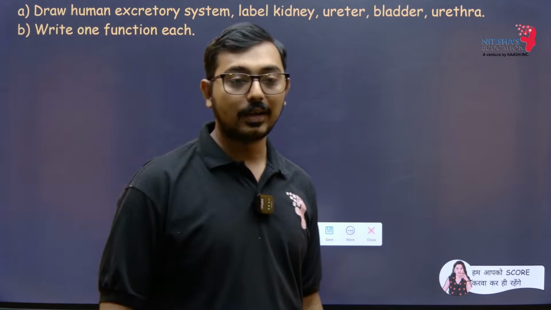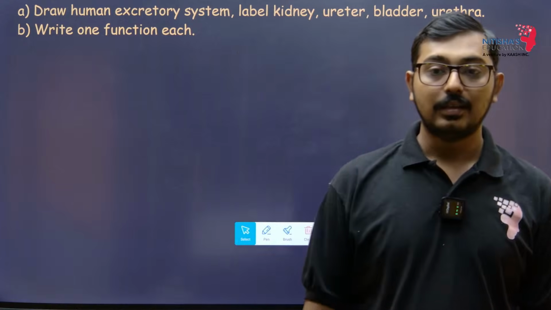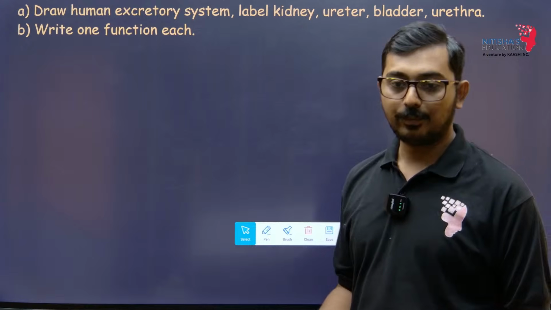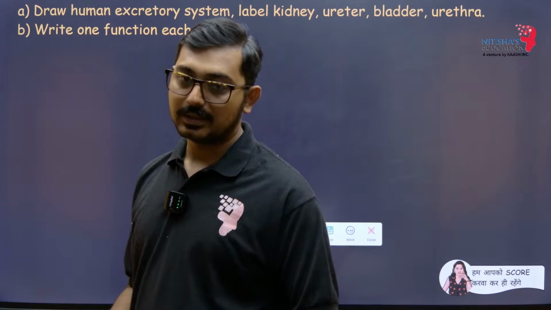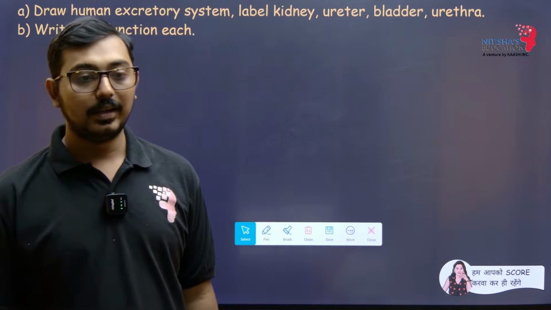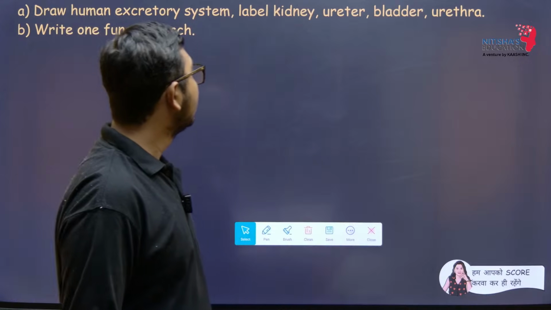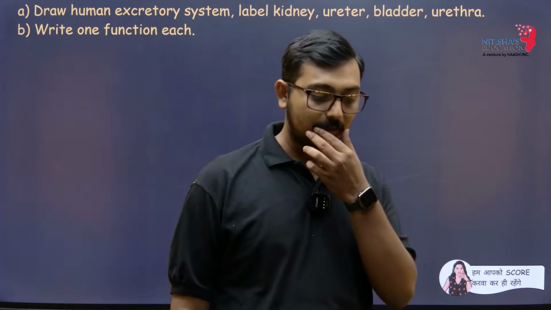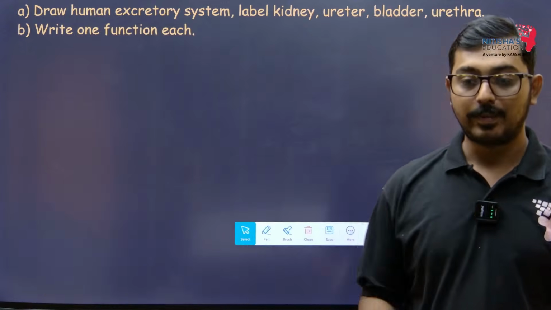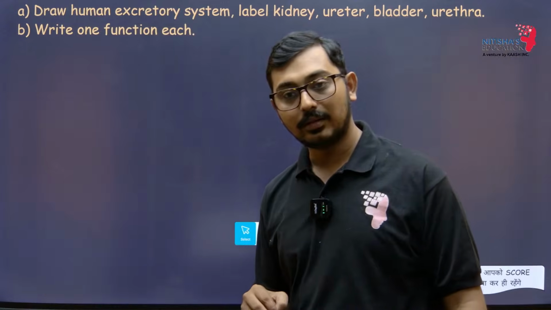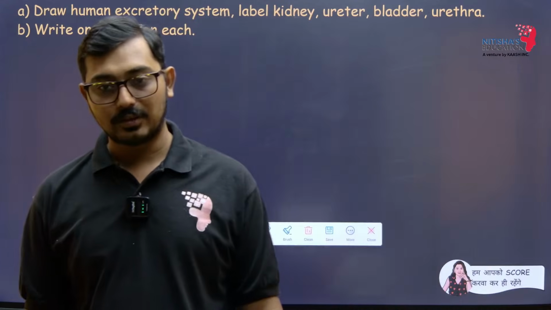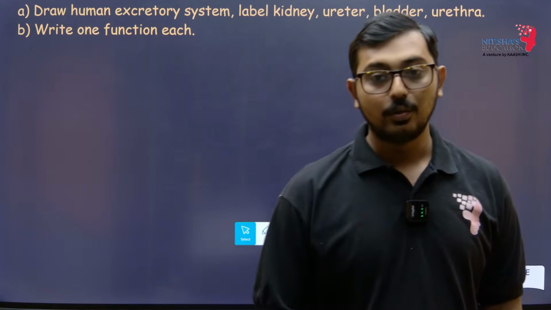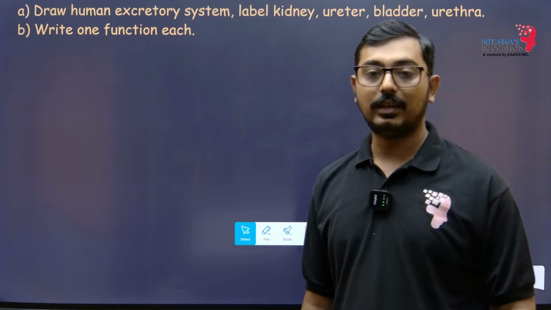For kidney, what kind of function is it? The function of the kidney is to purify the liquid inside the body. It purifies the liquid. Then the ureter is responsible for the passage of that liquid from the kidney to the bladder.